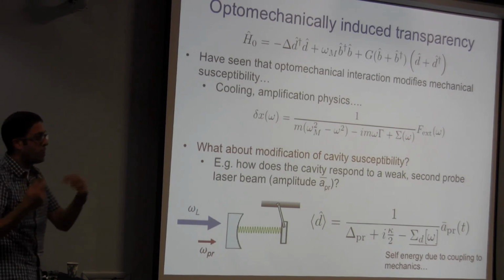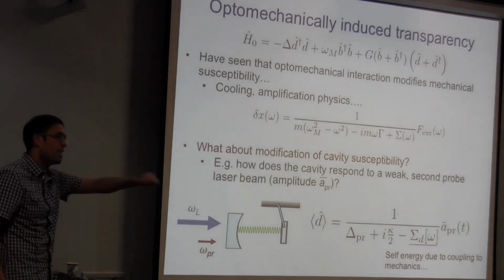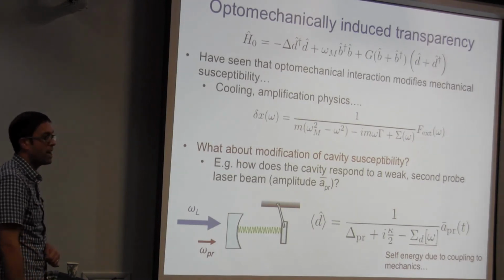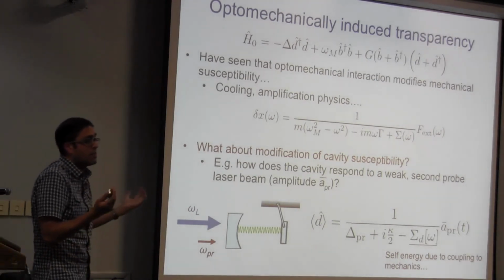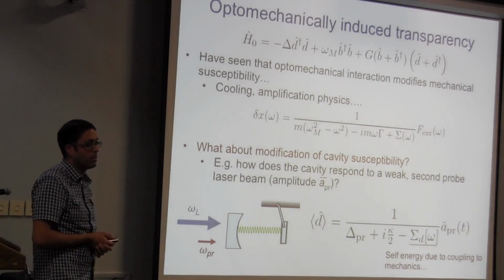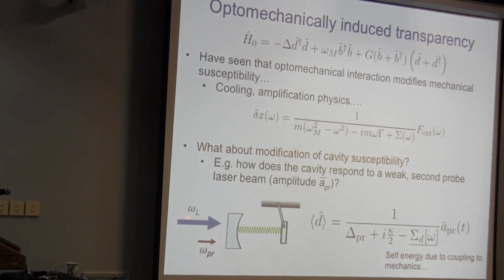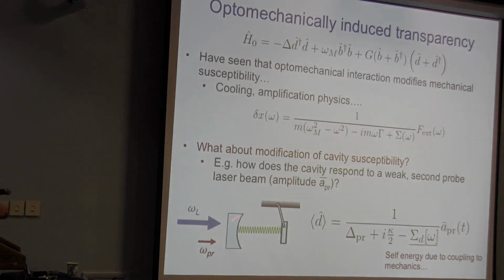All right, well, let's flip things around, right? The mechanical resonator's susceptibility can be changed from this interaction. What about the cavity's susceptibility? Okay, so what could I ask? Well, look, here's the system we talked about. I had this strong laser drive that was giving me this many-photon optomechanical coupling. Imagine now I put on a second weak laser drive, a second drive on this cavity.